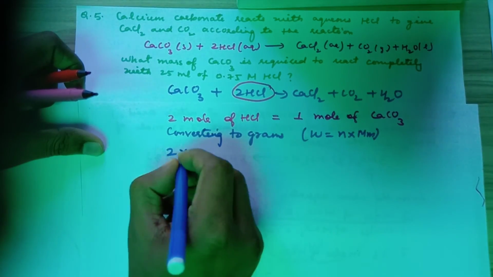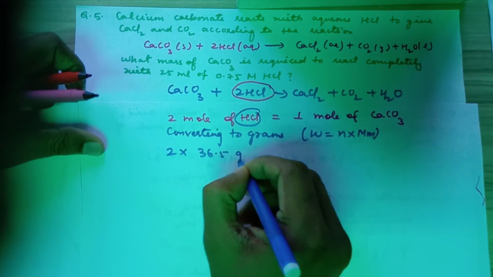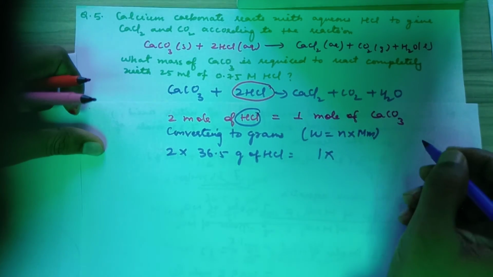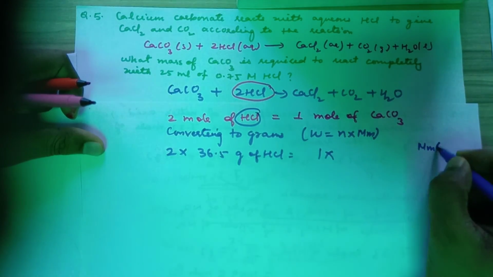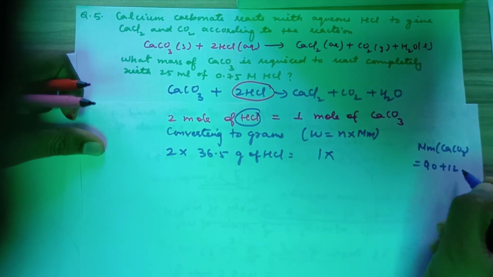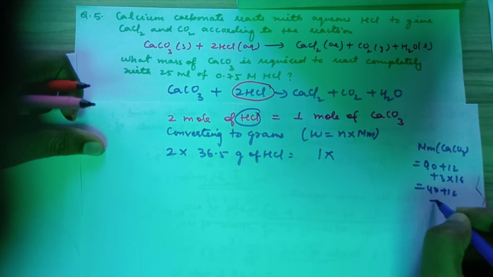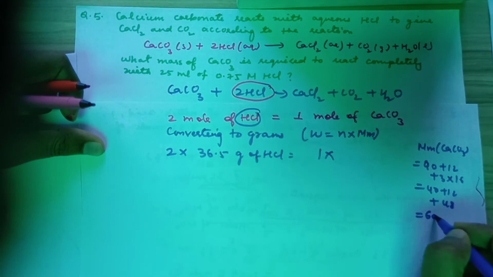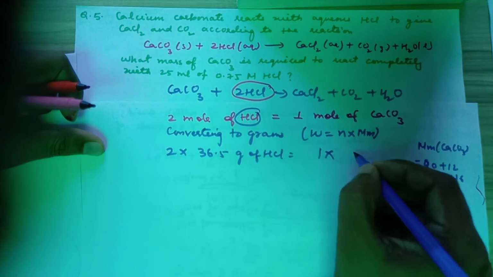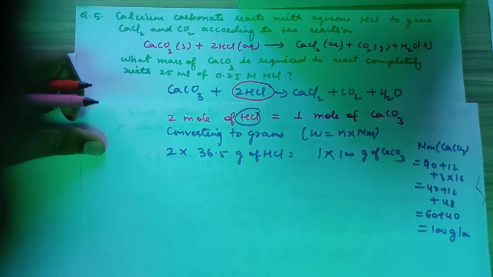So 2 into 36.5, that is the molar mass of HCl, gram of HCl gives 1 into the molar mass of CaCO3, that is 40 plus 12 plus 3 into 16, which is 48. 40 plus 12 plus 48 comes out as 100 gram per mole. So it will be 1 into 100 gram of CaCO3.